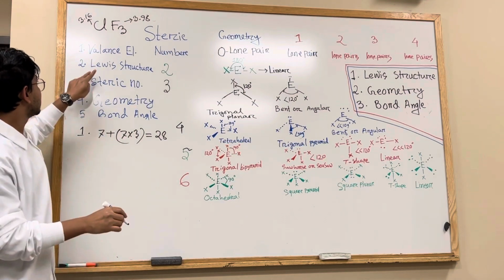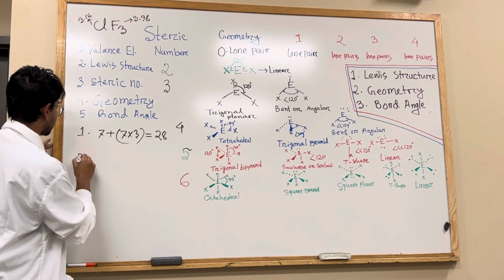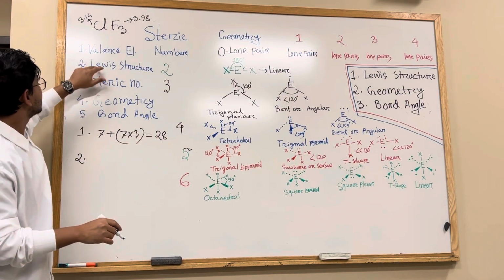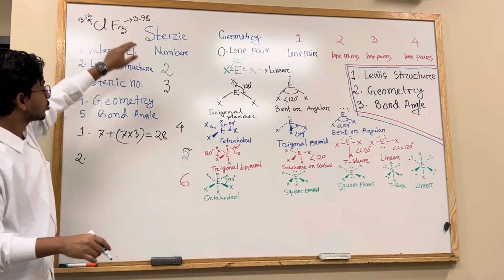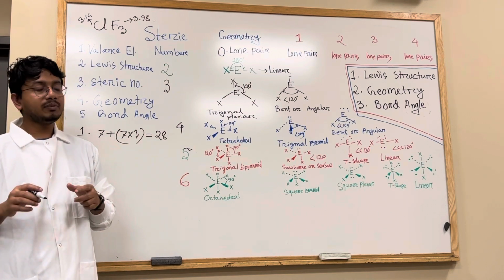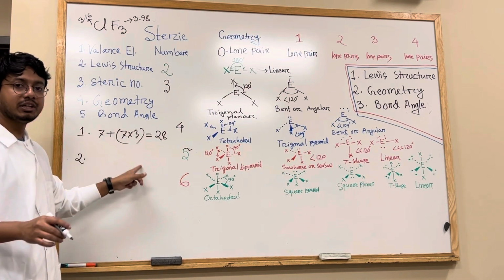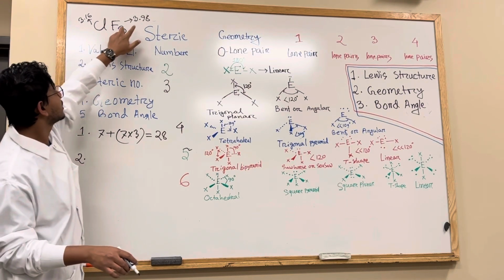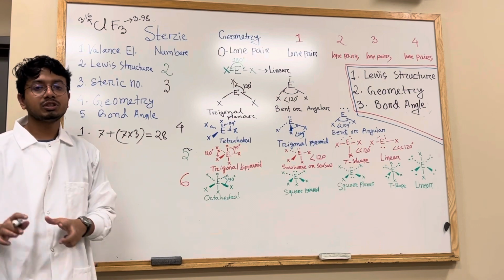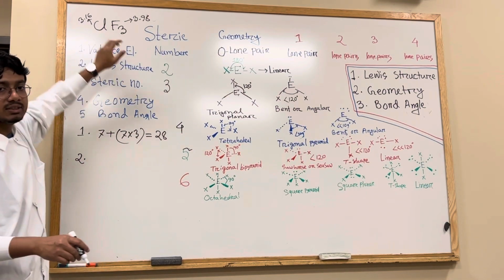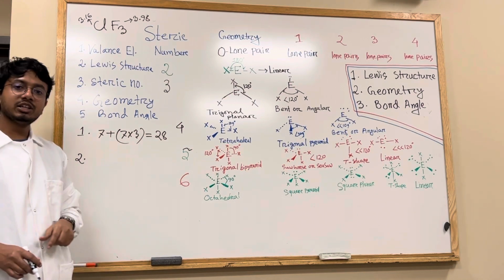Then we need to find the Lewis dot structure. Before that, we need to find out which atom goes in the middle of the structure. The least electronegative element goes to the middle. Chlorine has 3.16 and fluorine has 3.98, almost 4. So obviously chlorine goes in the middle.